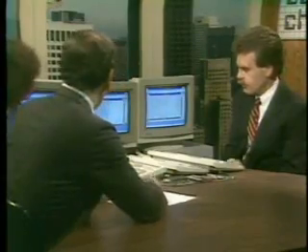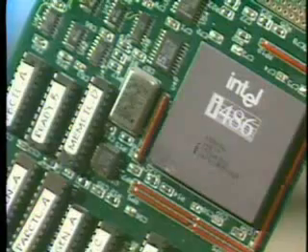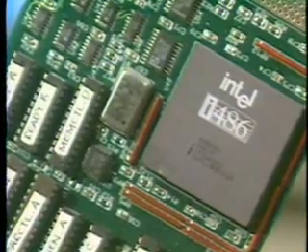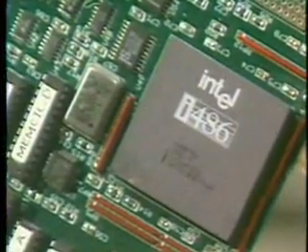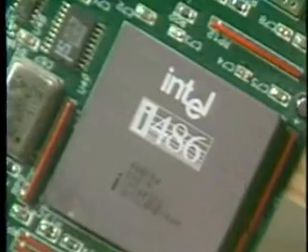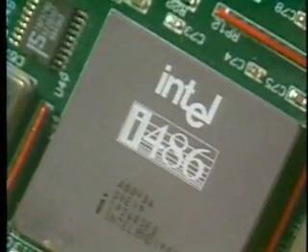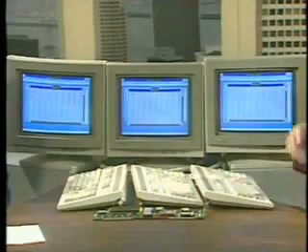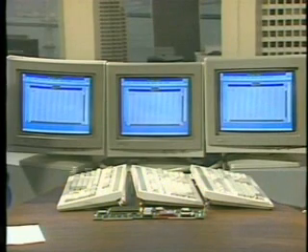That's exactly right. While we're waiting, let me ask you, you have a 486 chip here. Tell me about this board and how it relates to your AST machine. Sure. The folks at Intel have done some more magic with the 486 chip, and that's, of course, the latest in their cadre of chips. Each of the 3 machines here are part of the AST Premium series, and each of them has an architecture we call Cupid 32.